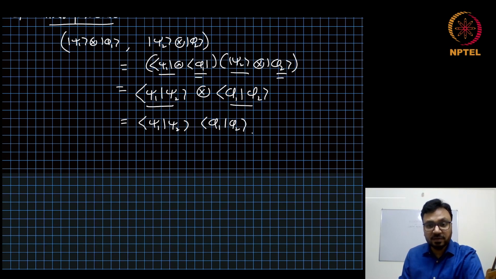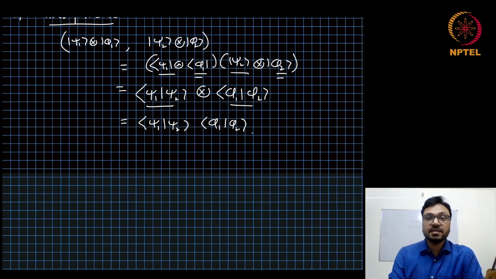This is the definition of the inner product, and this can be understood in the following sense. If we have two states in subsystem A, psi1 and psi2, and we have states in subsystem B, phi1 and phi2, and they are not correlated in any sense, till now we have not talked about correlations, then they don't feel the existence of the other system.